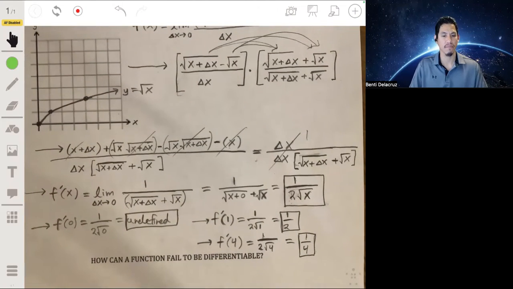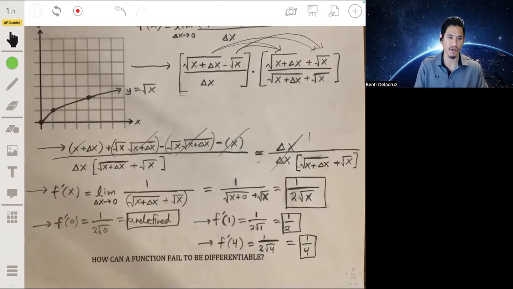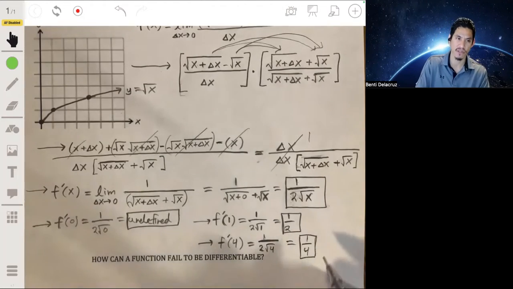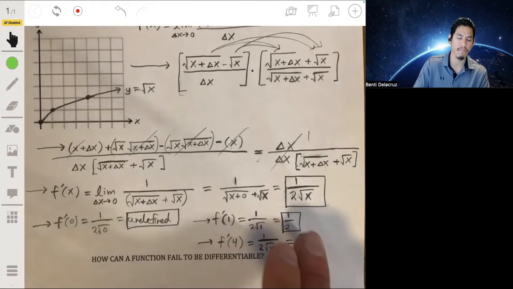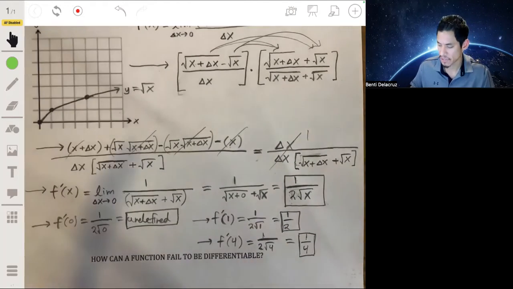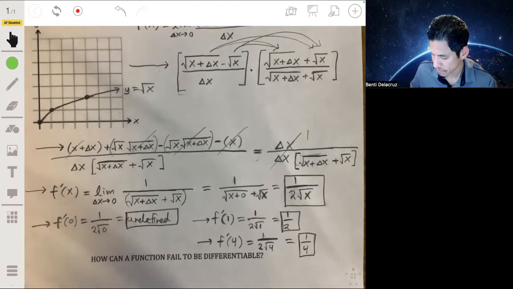Okay, let's show what these values mean. It's similar to the tangent line problems we were doing before, except we're just calculating the value of the slope. So this doesn't tell you the equation of the tangent line, but it still gives you an idea of what's going on.